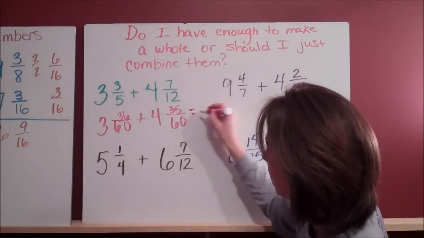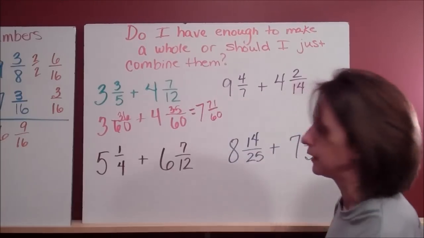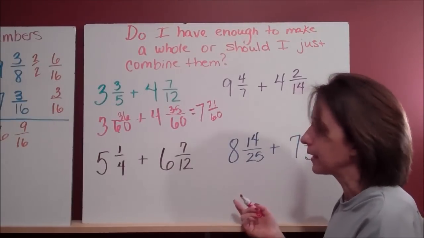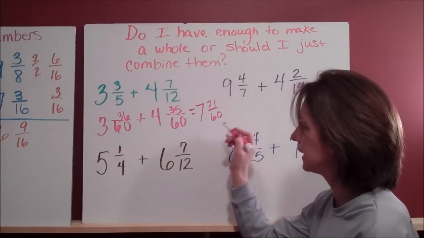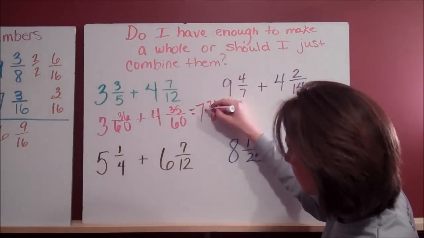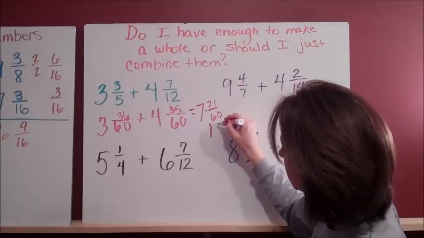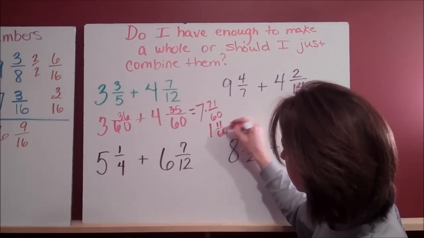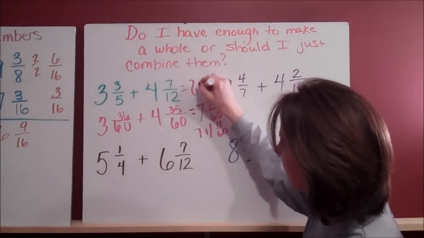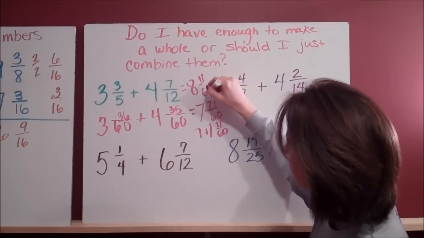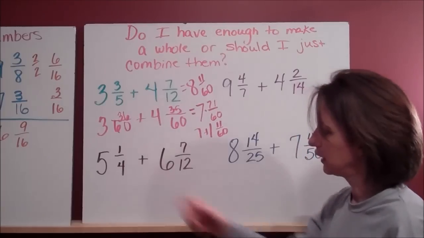So in this problem, I would use 7 and 71/60ths. 7 and 71/60ths then has to be converted, remembering that when I say 7 and, it's like saying 7 plus. So 71/60ths is 1 and 11/60ths plus the 7 I got. So this answer is 8 and 11/60ths.